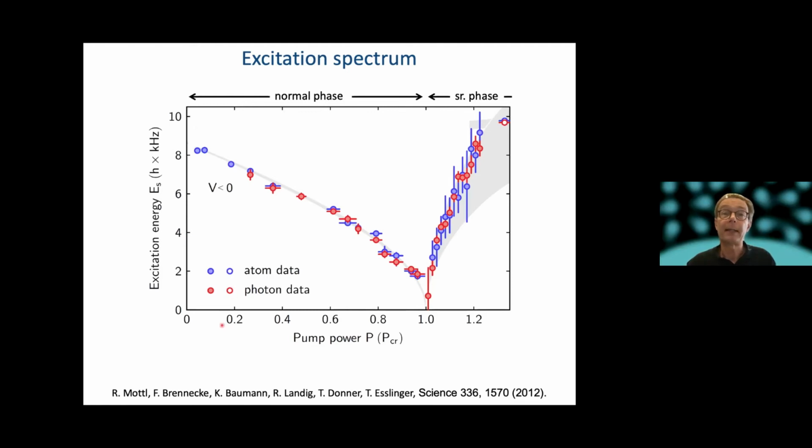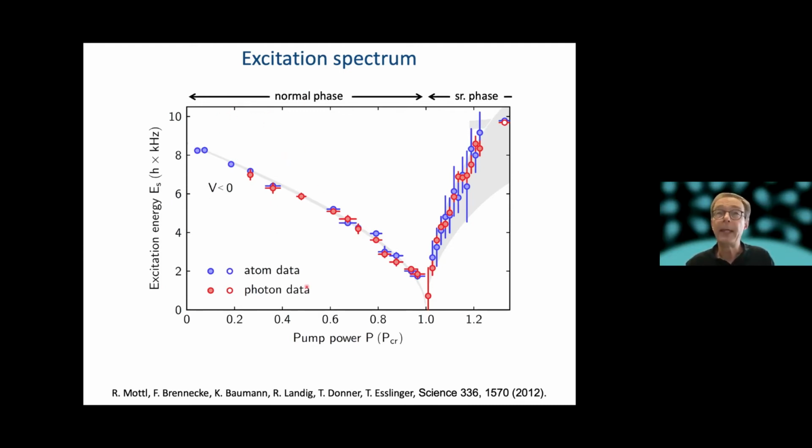So you take different pump powers. This is the axis, the lambda, and here is obviously lambda critical. And now you take these excitation spectra for different excitation frequencies, between 8 kilohertz and 500 hertz, and you do scans down there.